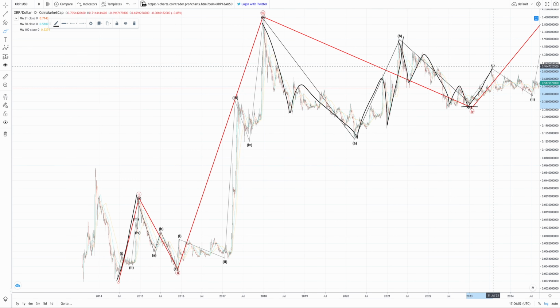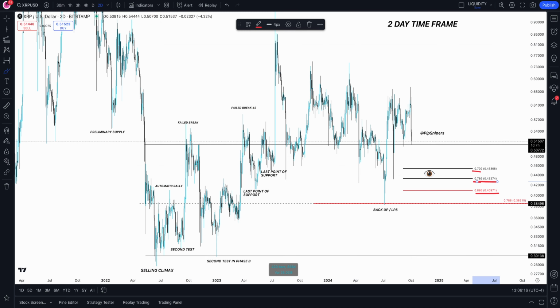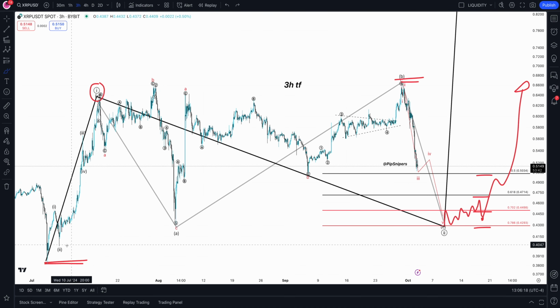We've already completed our wave 1, and we've already completed our wave 2, and now we're just grinding out over here at the lows, and this over here would be the count, right?